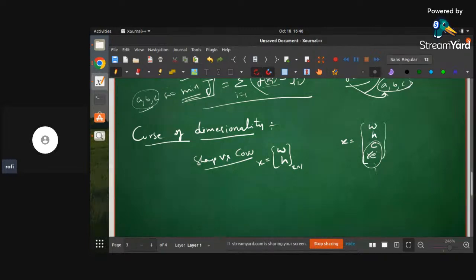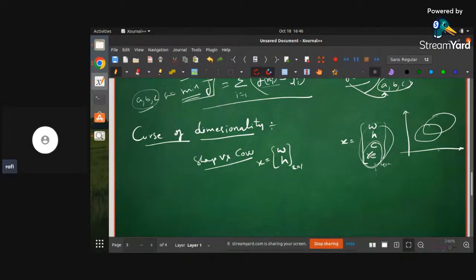So if you try to put this onto a, okay, this is four dimensional. You cannot draw four dimensional space, so just assume I'm projecting it to two dimensions. When we project these four dimensional points into two dimensional space, there will be an overlap between cows and sheep.